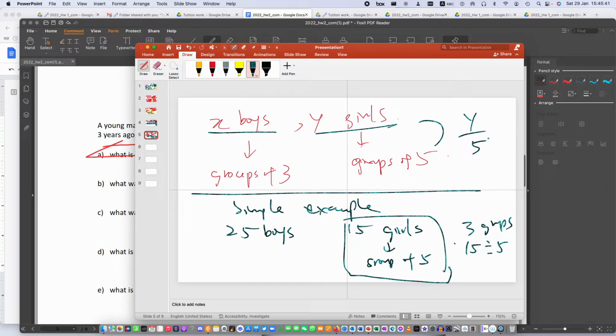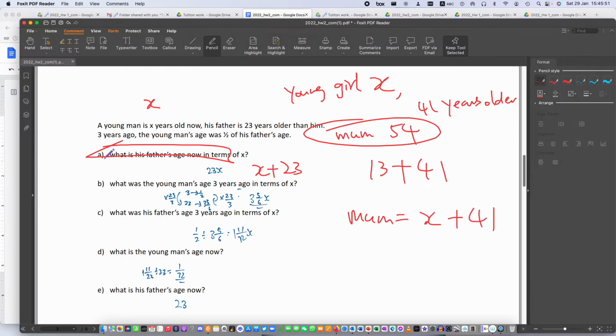Very good. That's how you solve harder questions, by giving yourself a simple example. Do you know the technique now? Next time if I give you this kind of question, can you give me a simple example at the side? Yourself, your class, anything. Okay?